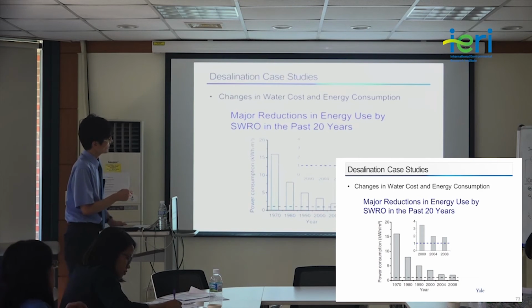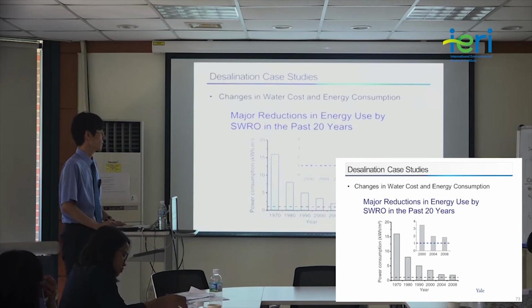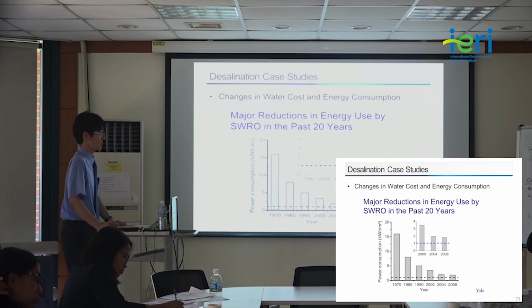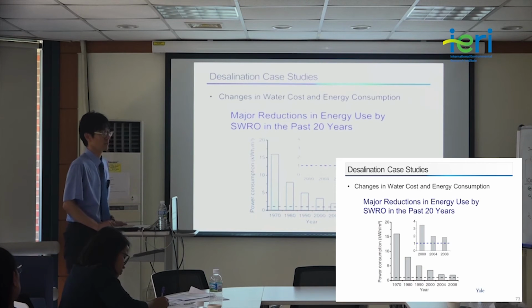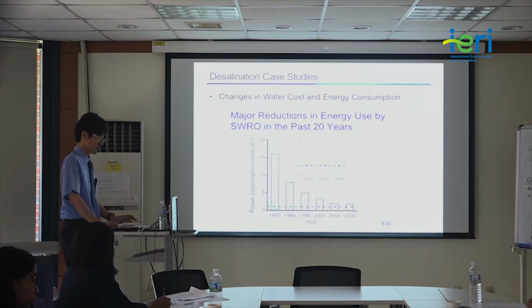So this energy consumption decreased significantly in the past 30 or 40 years. But these days, the reduction in the energy consumption is a little bit marginal. So it's hard to believe that there will be a huge reduction in the energy consumption in the future.